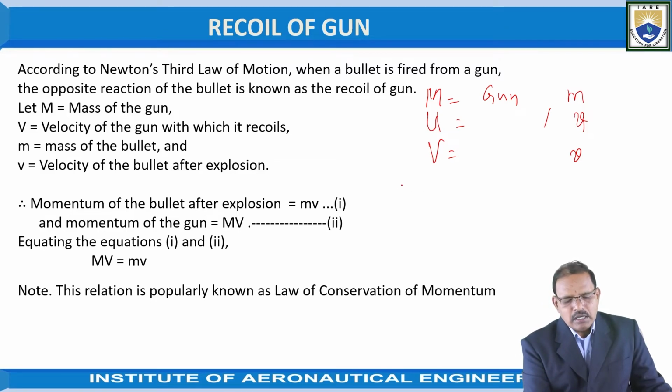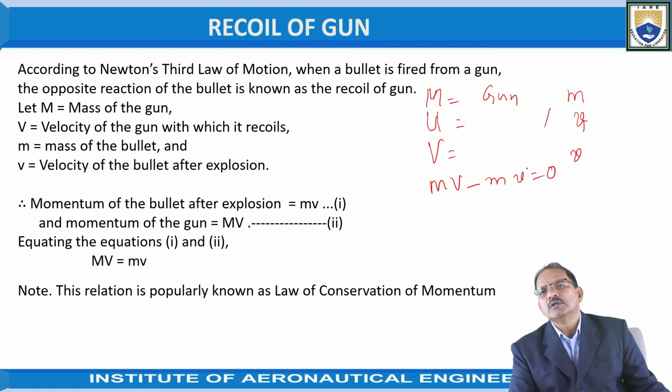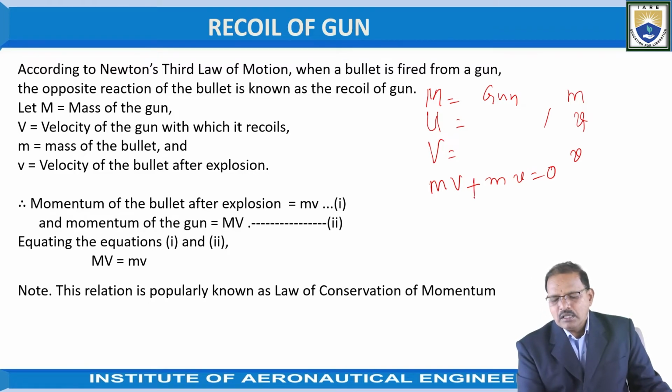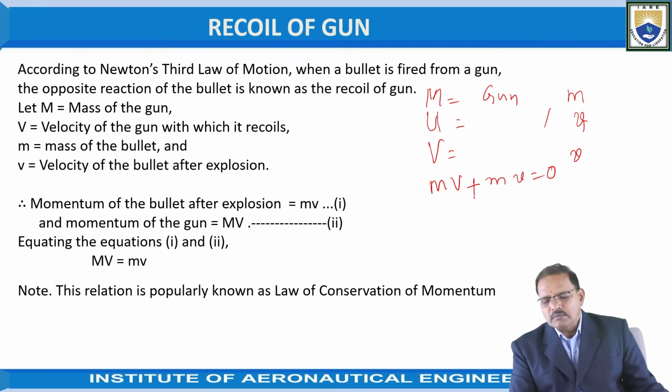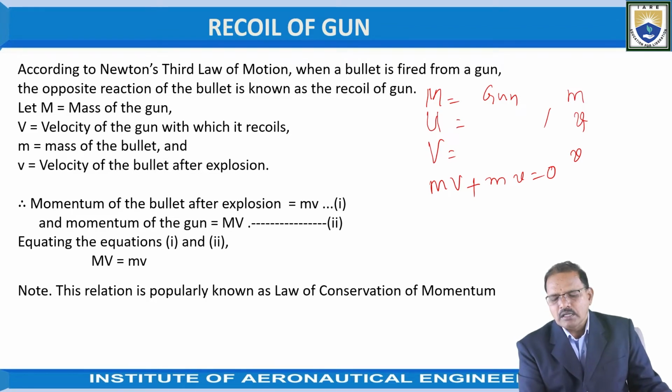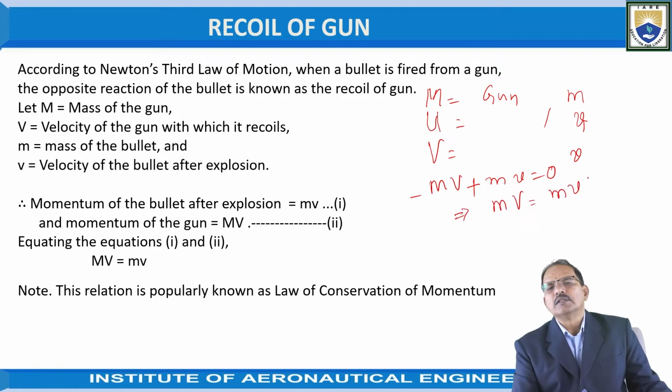That is, M V minus m v is equal to 0. Since the velocity of the gun is in the opposite direction to that in which the bullet is fired, we can take M V is equal to m v. That is, the momentum possessed by the gun should be equal to the momentum possessed by the bullet.